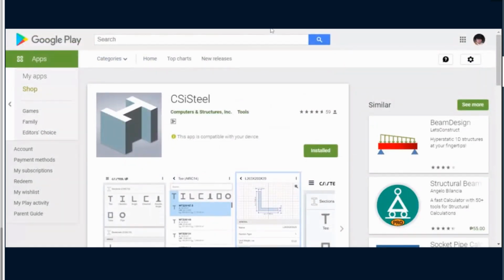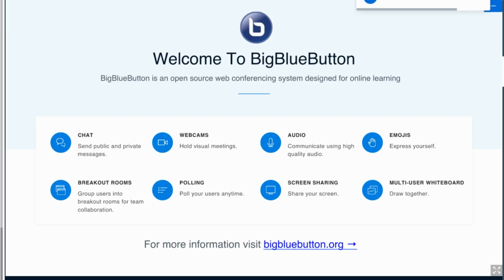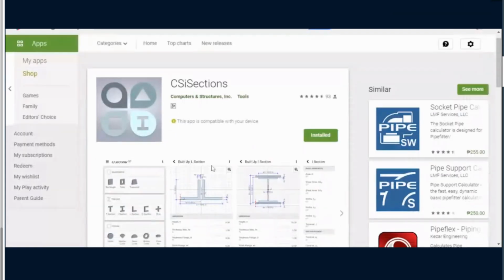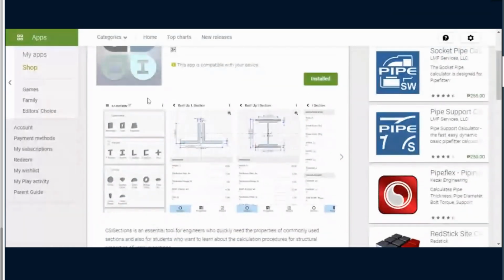Now I will present the CSI sections. Okay. Here, this one is more general.